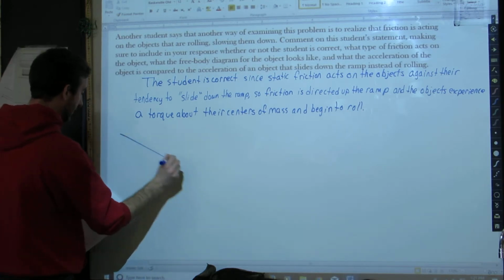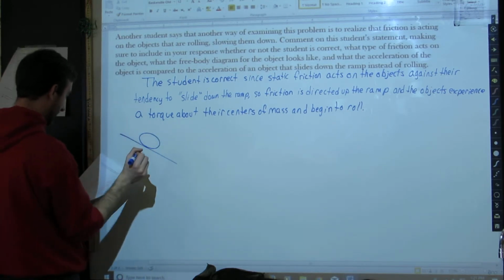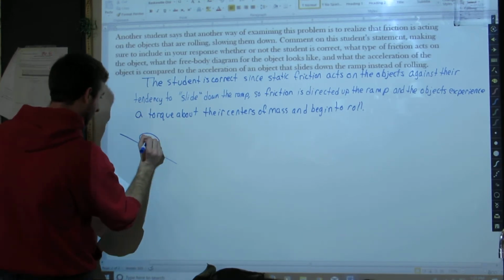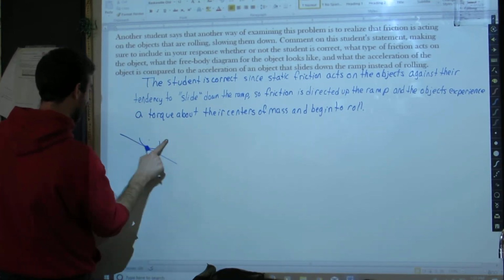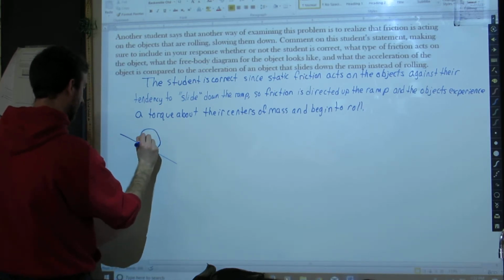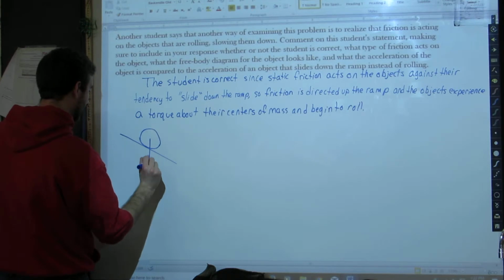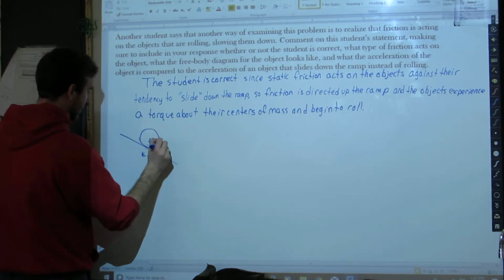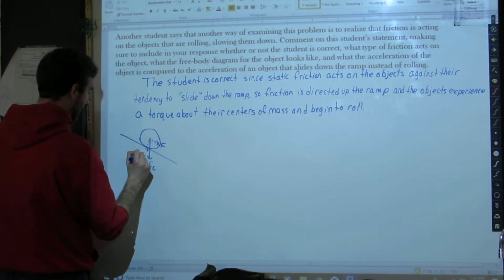Let's see, we have an object on a ramp, pretend it's a circle. I've got to change that drawing. That's better. Okay, we know there's a force of gravity acting on them. We can split that into components. Here's Fg cosine theta.